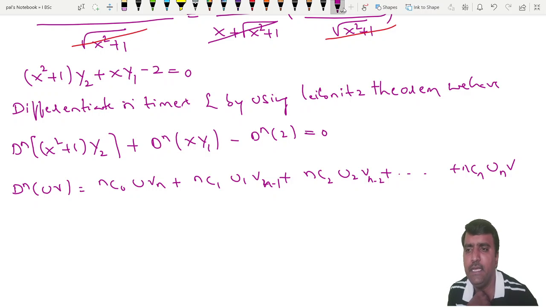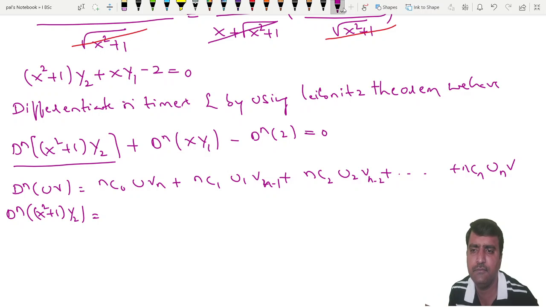Suppose you want to apply that same nth differentiation to this function. Nth differentiation of (x square plus 1) into y2 is equal to nC0, the value is 1, and u is x square plus 1 into V_n. y2 is the second derivative of y; if you apply nth differentiation again to y2, it gives y_(n+2).